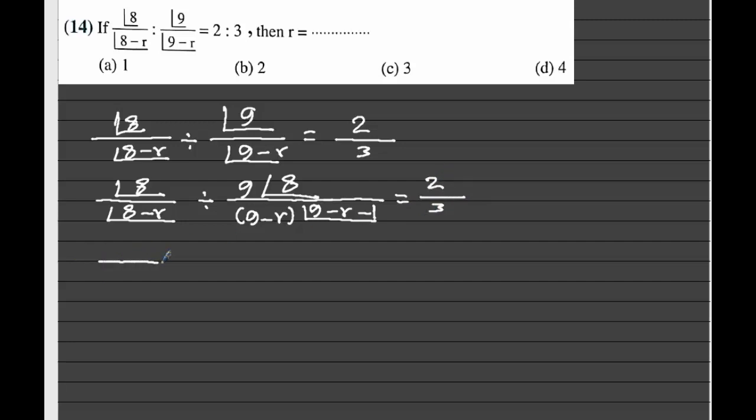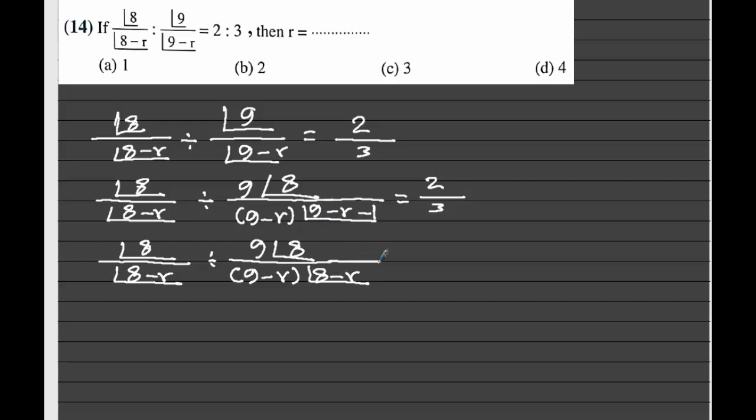So the result here will be factorial 8 over factorial 8 minus r, divided by 9 factorial 8 over 9 minus r multiply factorial 8 minus r, equals 2 over 3.